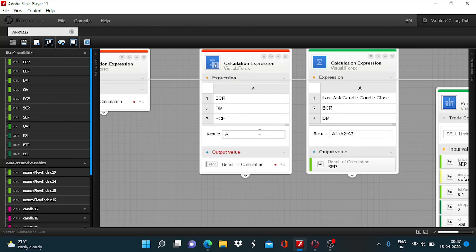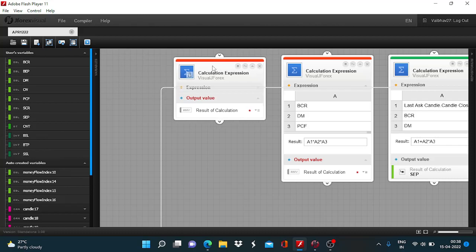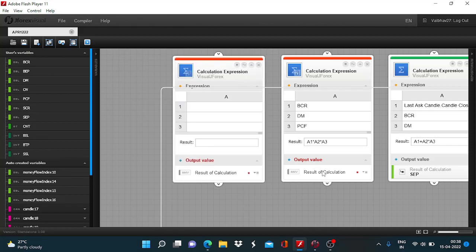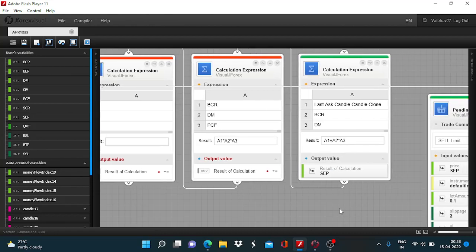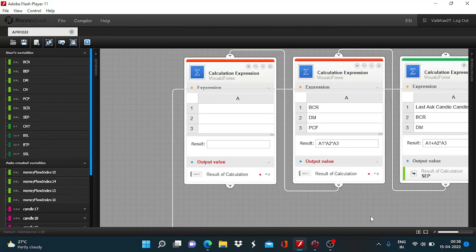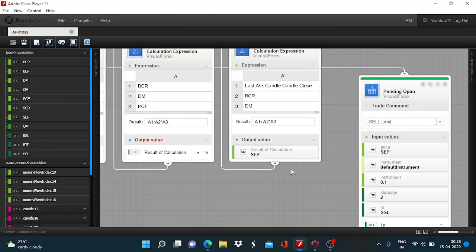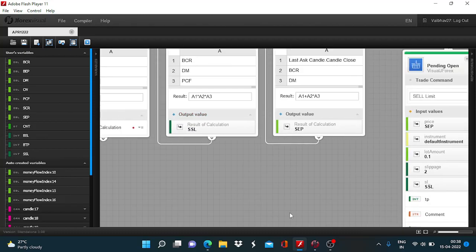So this is going to be A1 into A2 into A3. The result of this calculation will be assigned to this variable.